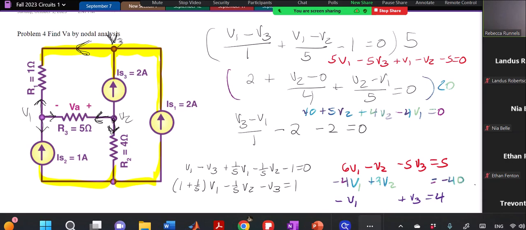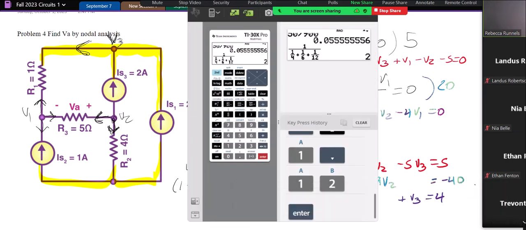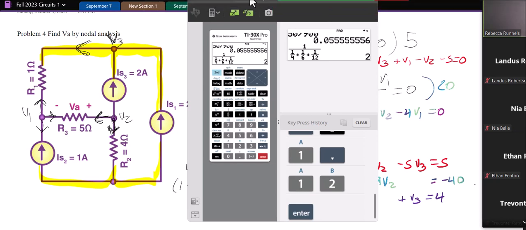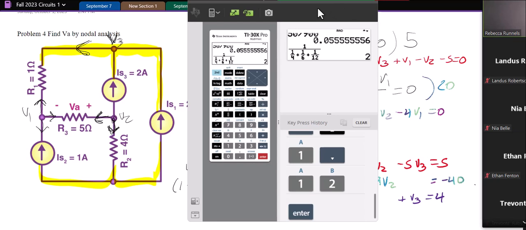And then I just take those equations, and if you have not gotten one of these calculators yet, I do recommend it. You can also solve systems of equations on your TI-84 if you have one of those, or lots of other calculators.